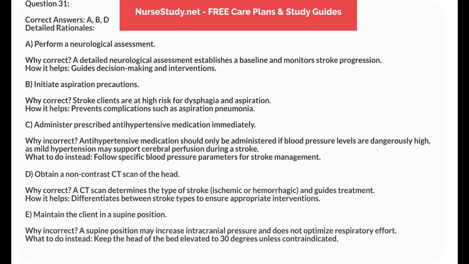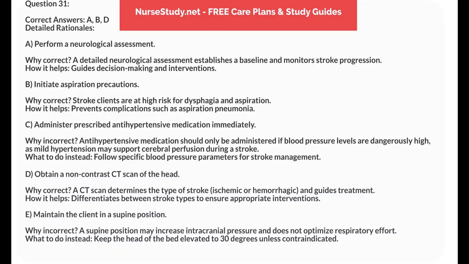Detailed rationales. A. Perform a neurological assessment. Why correct? A detailed neurological assessment establishes a baseline and monitors stroke progression. How it helps, guides decision-making and interventions. B. Initiate aspiration precautions. Why correct? Stroke clients are at high risk for dysphagia and aspiration.